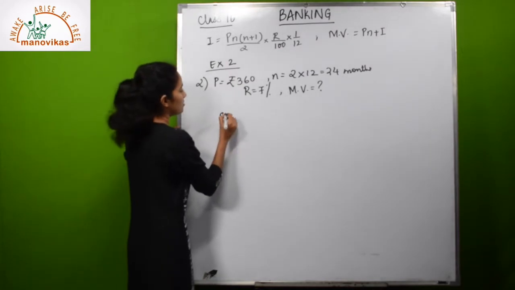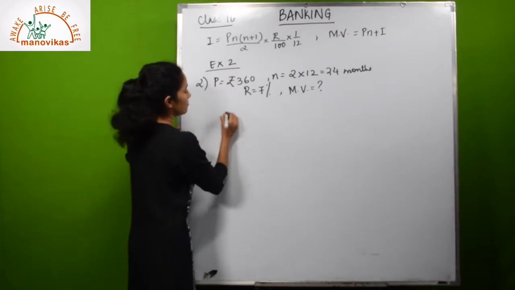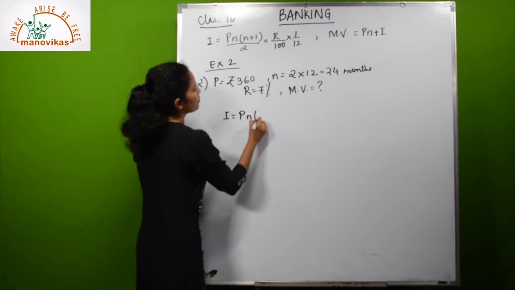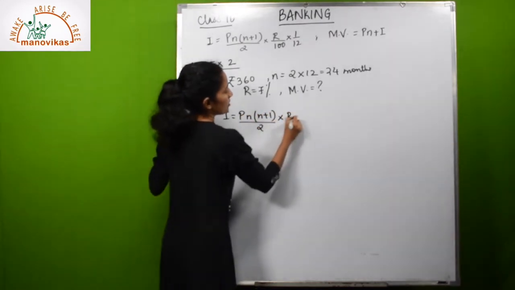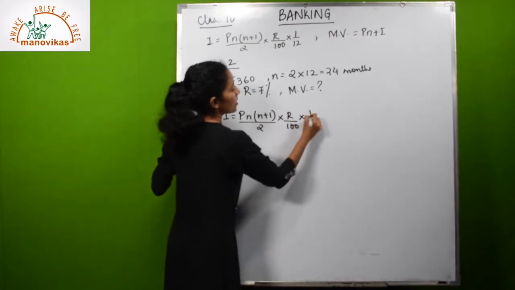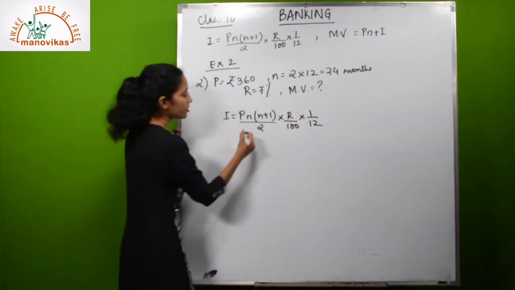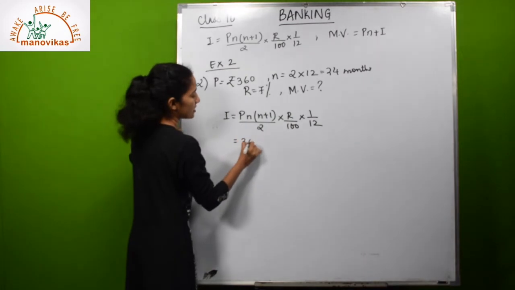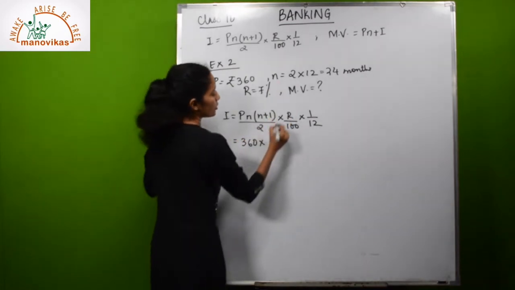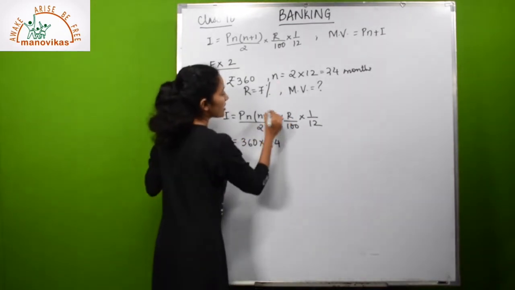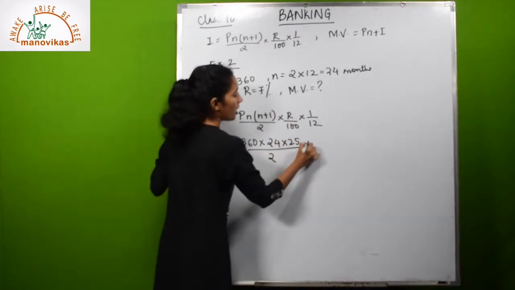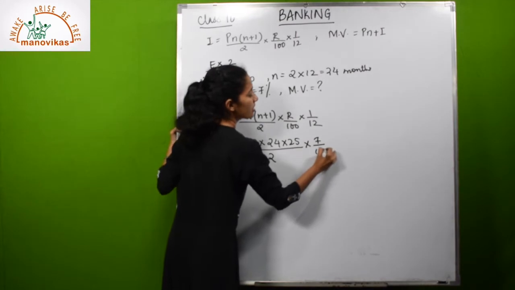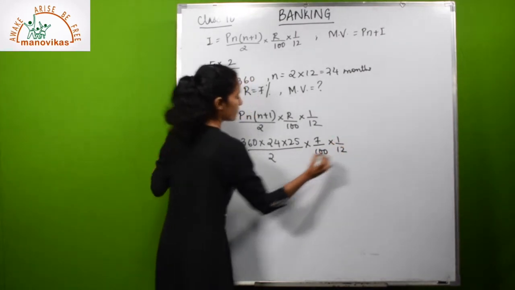So I is equal to P n into n plus 1 divided by 2, R divided by 100 into 1 upon 12. Substituting the values, I have 360, n is 24, and the next one is n plus 1, so that will be 25, divided by 2, R is 7 divided by 100 into 1 upon 12.